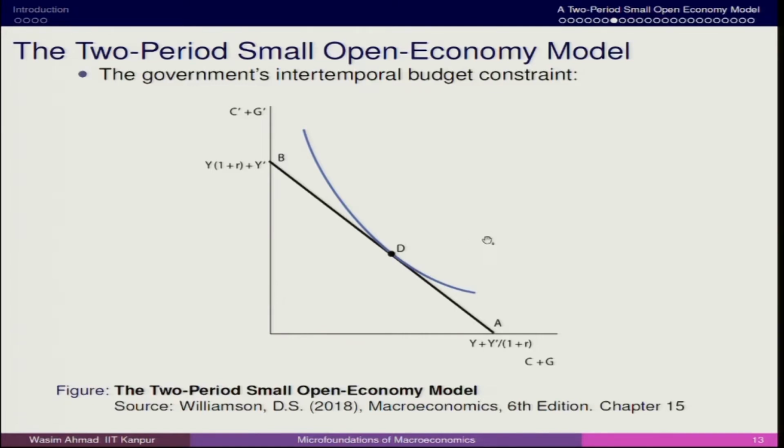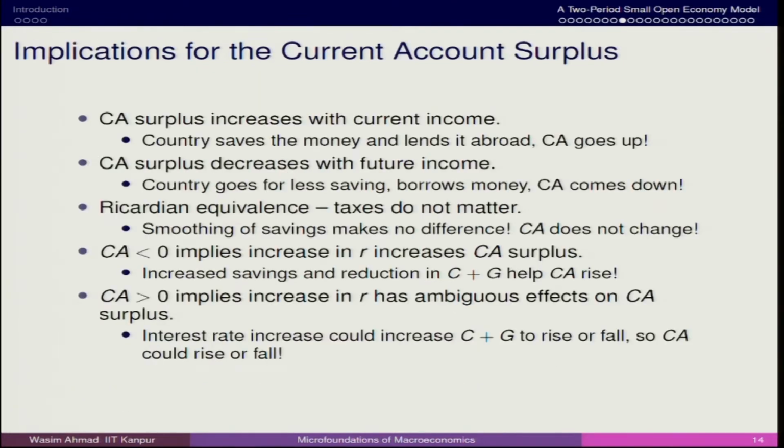We will further work out comparative statics, and then it will be easier to understand. Now, once I talk about the current account surplus, you have to keep in mind certain things. The current account surplus increases with current income, which means that if your current income is increasing, this comes from the consumer behavior we discussed.